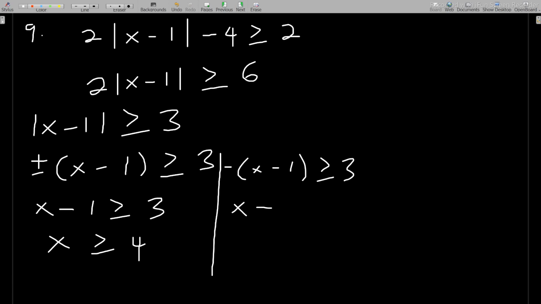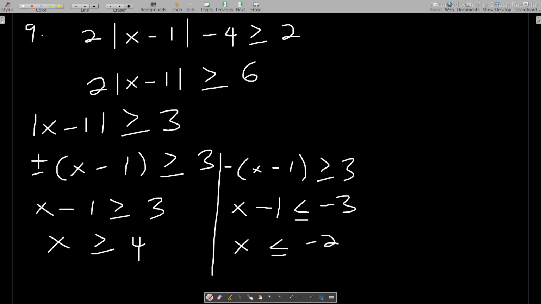So it means x minus 1 should be less than, because I will divide through by negative 2. Get that? So less than or equal to negative 3. Now x will be less than or equal to negative 2, because when the negative 1 crosses, you get a positive. So this is what you do.